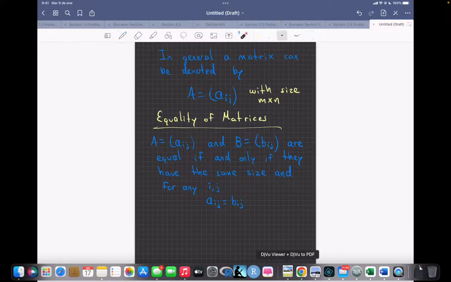So what is this saying to us? This is only saying that two matrices are equal if they have the same size and, entry by entry, they are the same matrix.